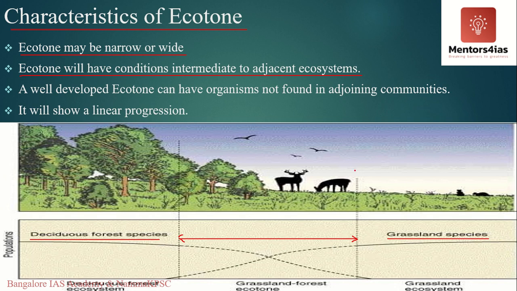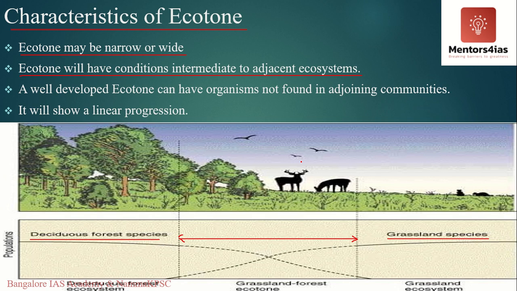Therefore, this is very important. Please remember, the ecotone is always a zone of tension. Why is it a zone of tension? Because it is a zone where two ecological systems are going to meet, it is going to mingle, resulting in the formation of a new community.